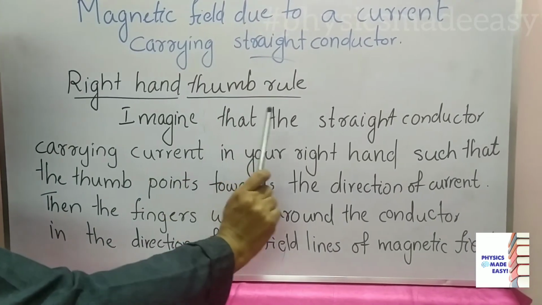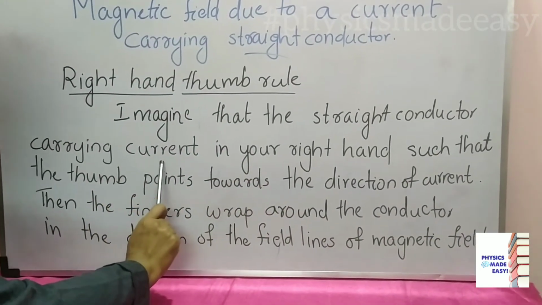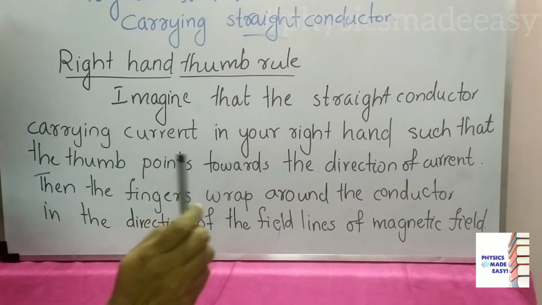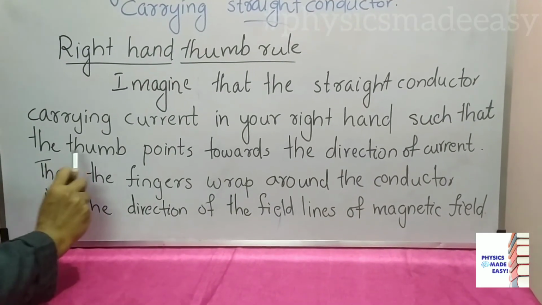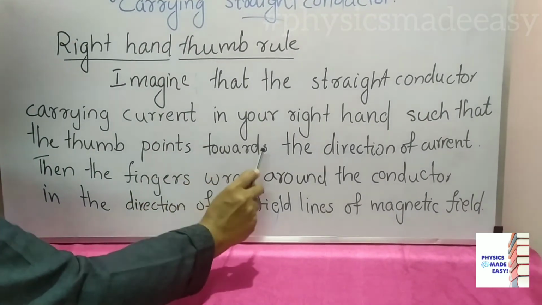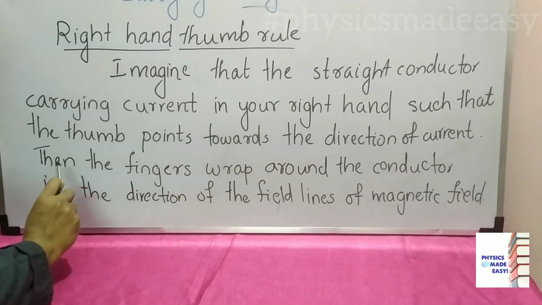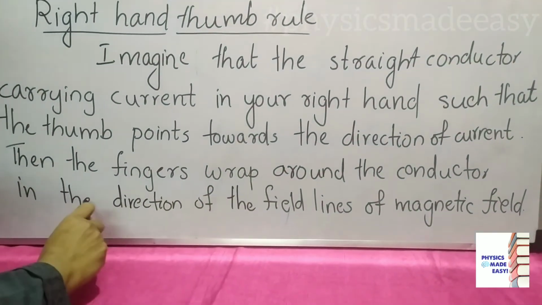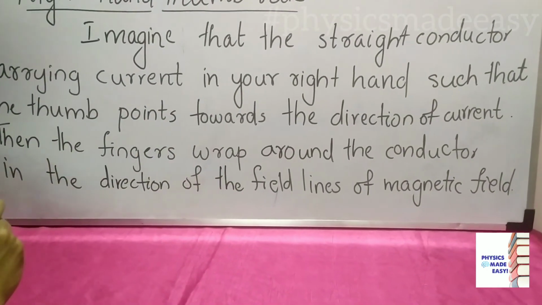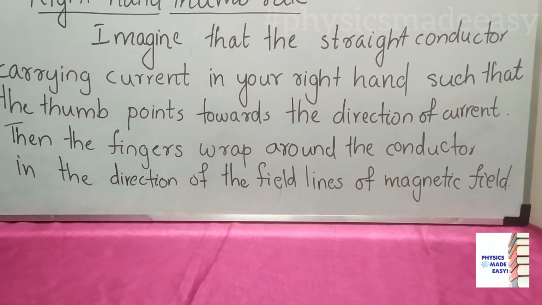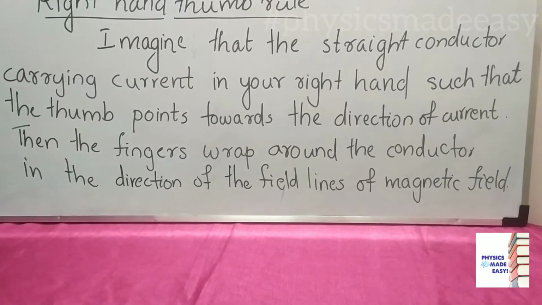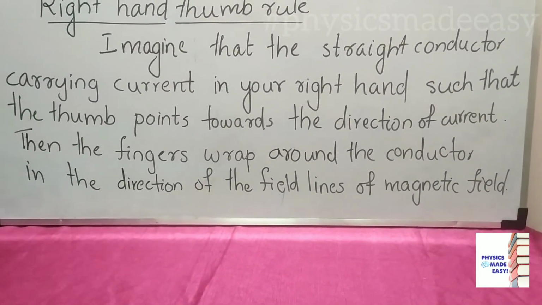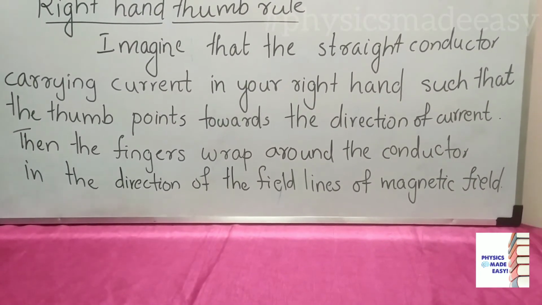Imagine that the straight conductor carrying current is held in your right hand such that the thumb points towards the direction of current. Then the fingers wrap around the conductor in the direction of the magnetic field lines. That means the fingers wrap around the conductor in the direction of the magnetic field lines.